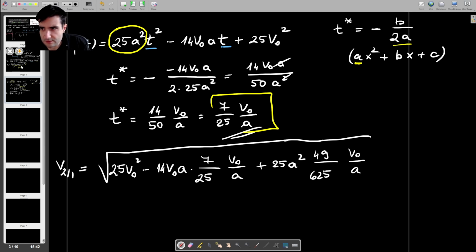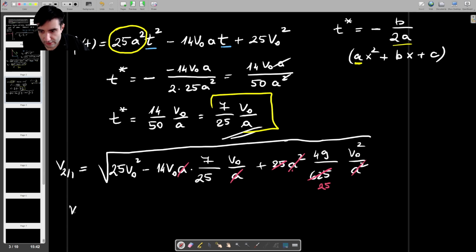I think I missed a square. Yeah, so this should be squared and squared. Okay, right, now we can cancel out a couple of things. So those accelerations go, those accelerations go. This 25 cancels with 625, and we're left with a 25 here.